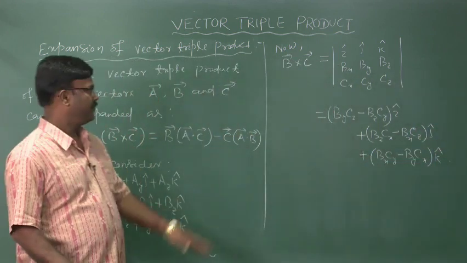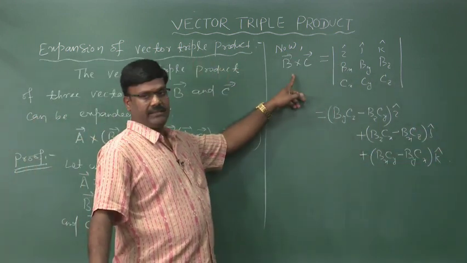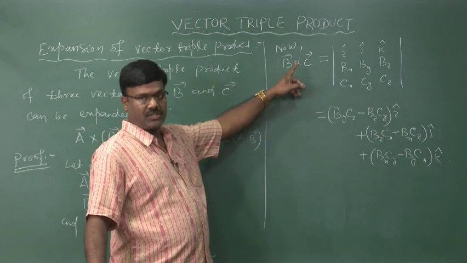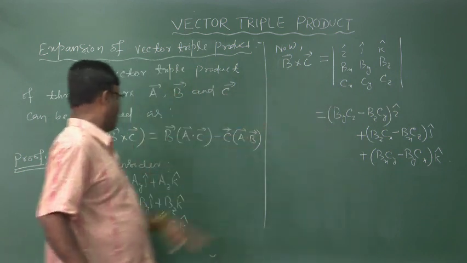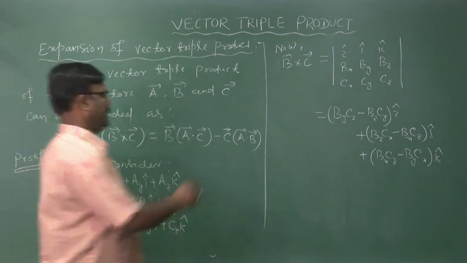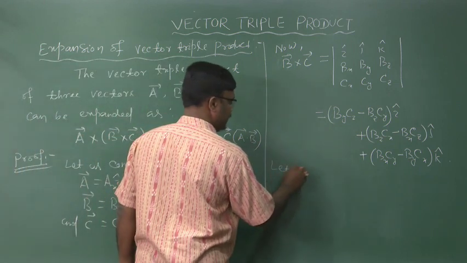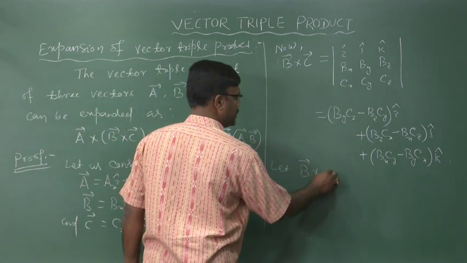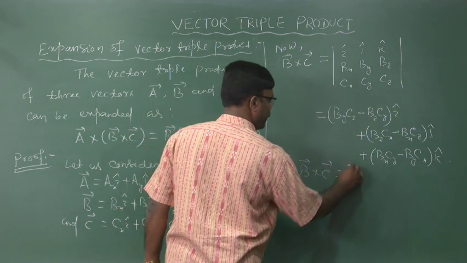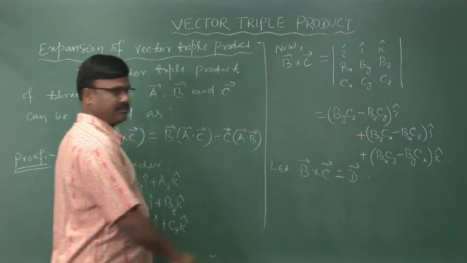Now, let us multiply this B vector cross C vector with A vector. Let B vector cross C vector be equal to D vector.